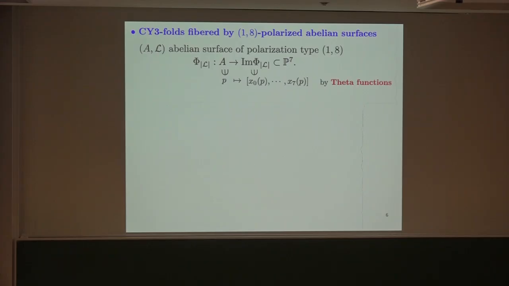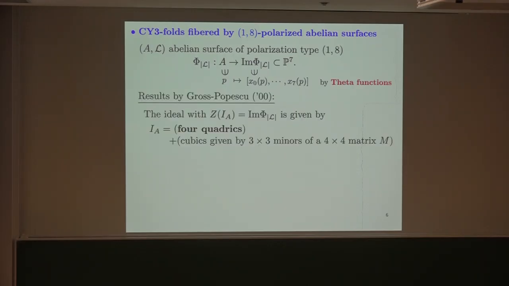My interest is not the theta functions themselves. Some experts are interested in the theta functions, and those functions are of interest in mathematics. They give us the embedding into projective space.